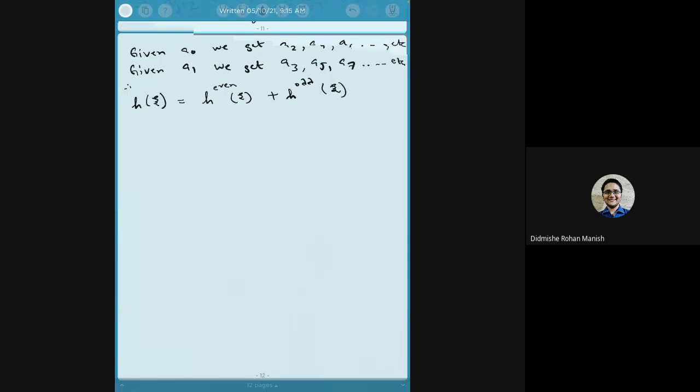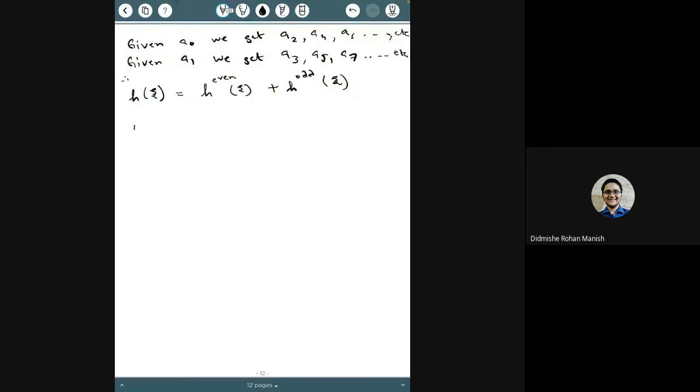Okay. Now knowing this, can we figure out something about the normalization? Let's see. Now we have to check normalization. So psi is H psi e to the power minus psi squared by 2. So let's see. What is the form of aj?